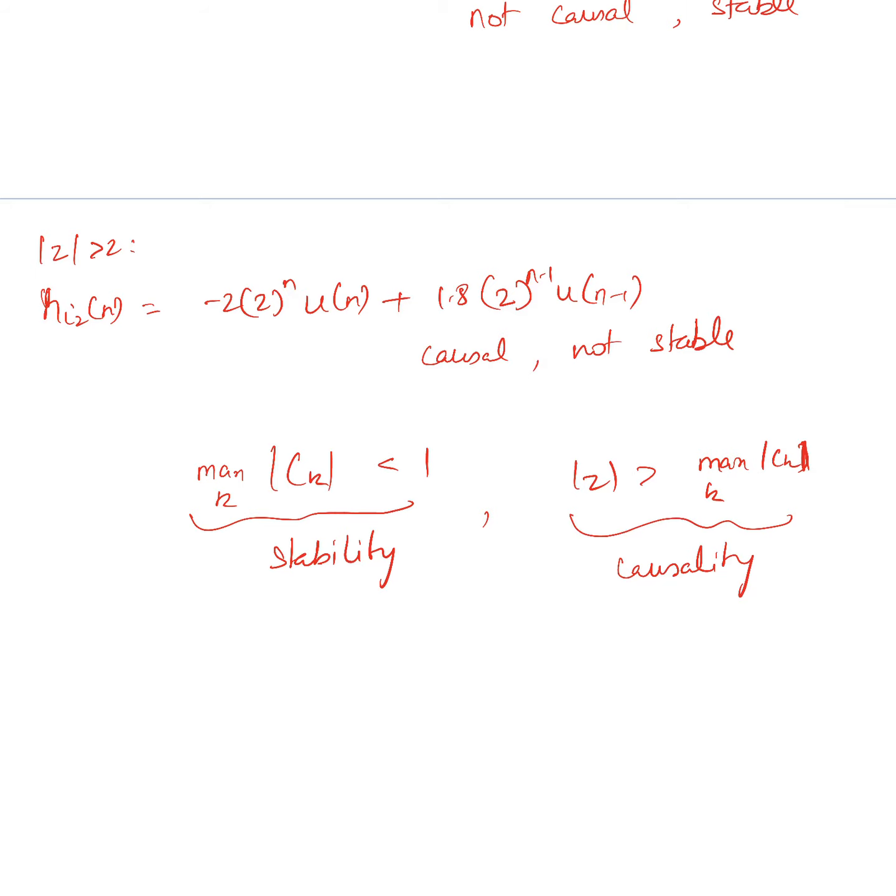So this stability condition requires that all zeros of h of Z must be inside the unit circle.